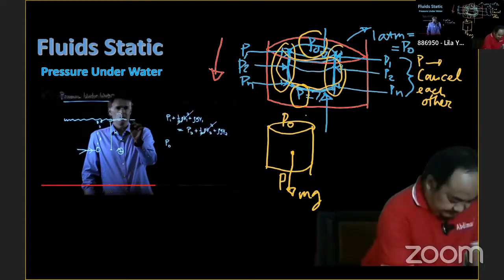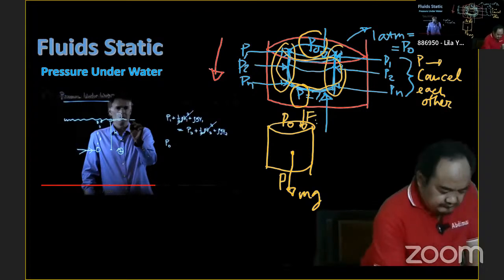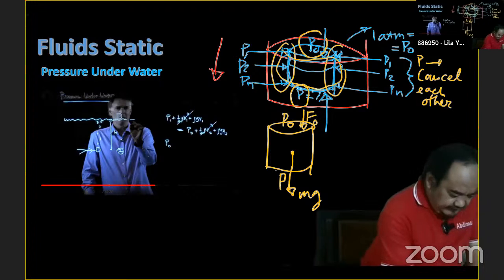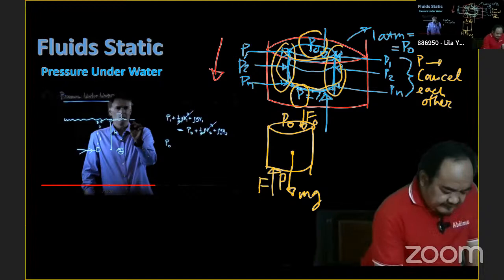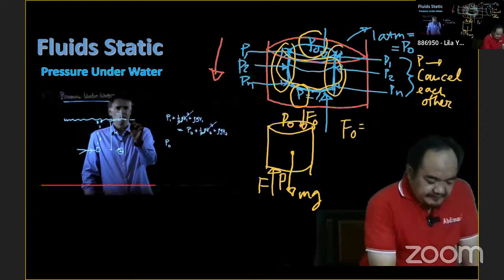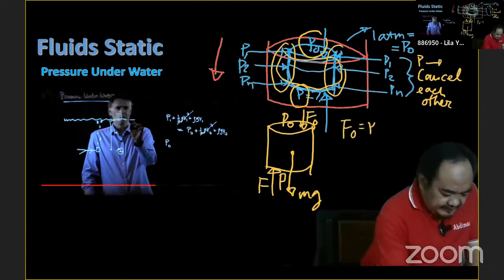The fluid undergoes a force at the top, F naught, and at the bottom the fluid experiences the force F. F naught is P naught times A, because the definition of P is F over A, and then of course F is P times A.